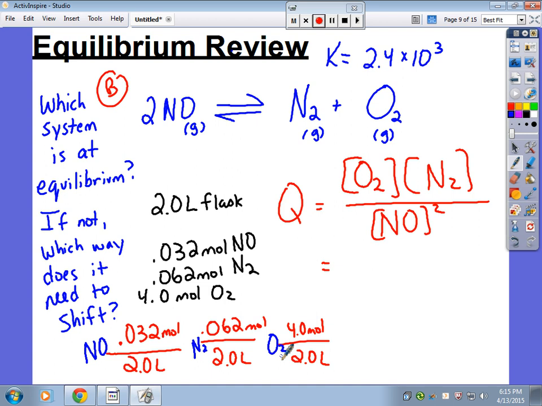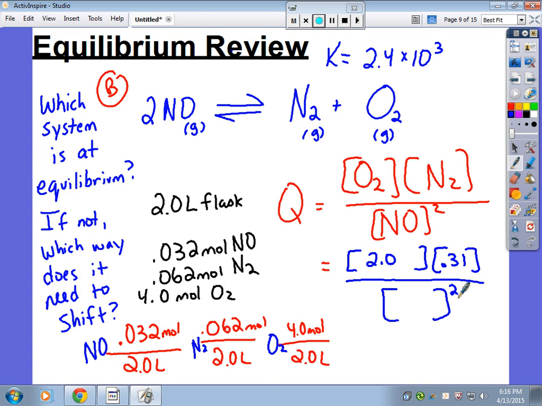For N2, it's 0.31. So I put 0.31 right here and follow my directions. For O2, I get 2 molar. And for NO, which I'm going to square, why am I squaring it? Because that's what my directions tell me to do. My value is 0.016.